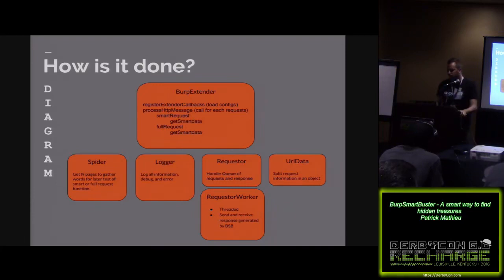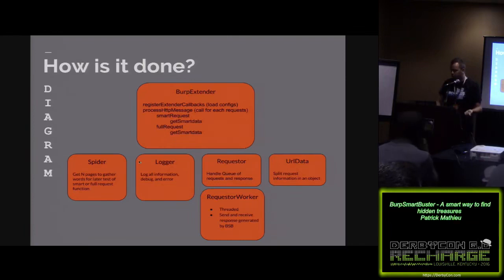From there, the code calls the function processHttpMessage for any request or response. Inside the code, I just put an if that's a request made by you while you browse. Do my smart request function, and it will use the URL, parse it, and do the request based on it.